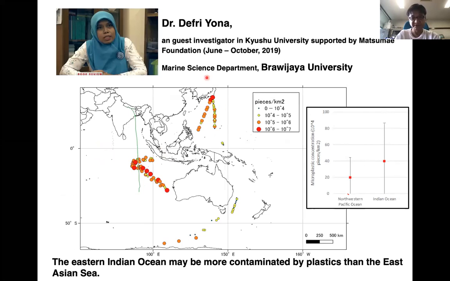The number of data obtained in the Indian Ocean is very small, only this area. So our concern is the abundance of these areas. I guess the abundance of the microplastic in these areas is expected to be very, very large in comparison with the other oceans over the world.